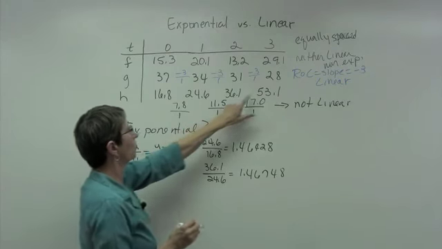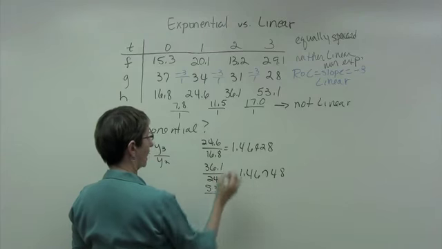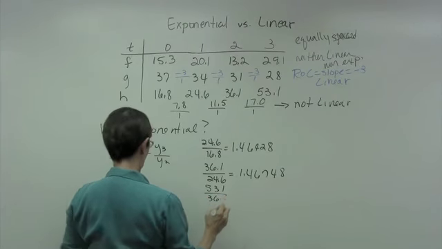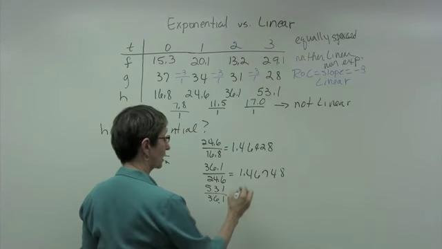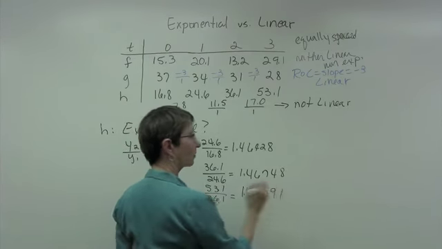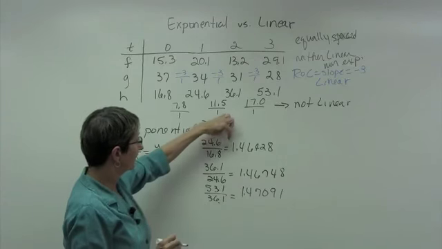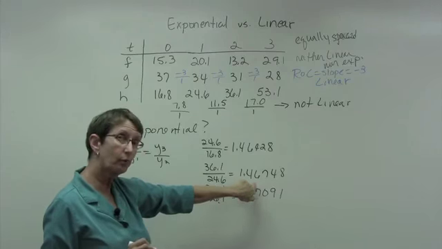If I do one more, let's do the 53.1 over 36.1. If I do the ratio, I get 1.47091. So this 1.467 could round to 1.47.